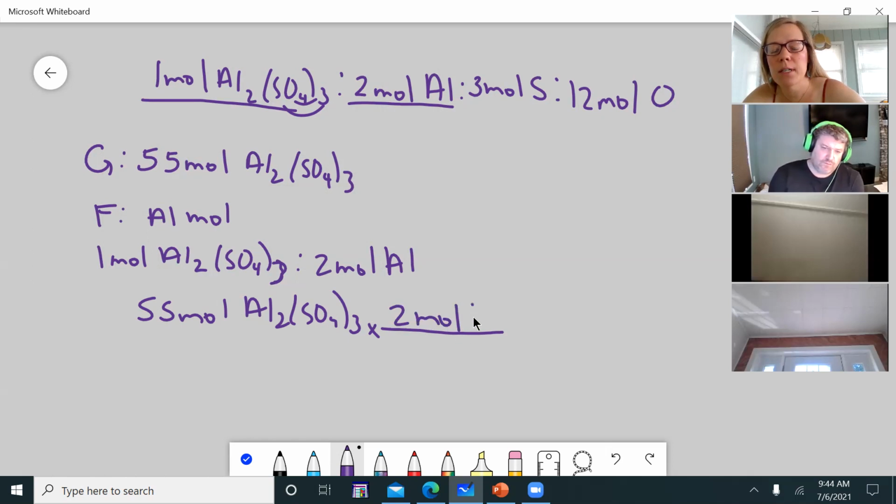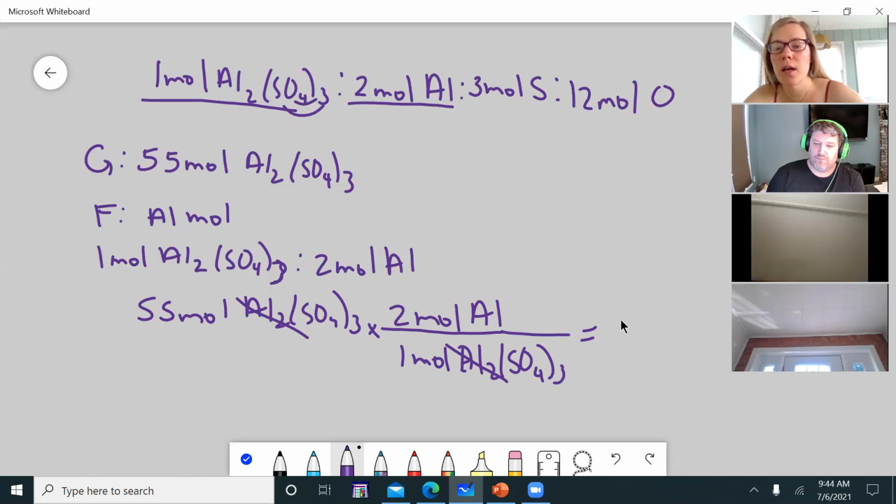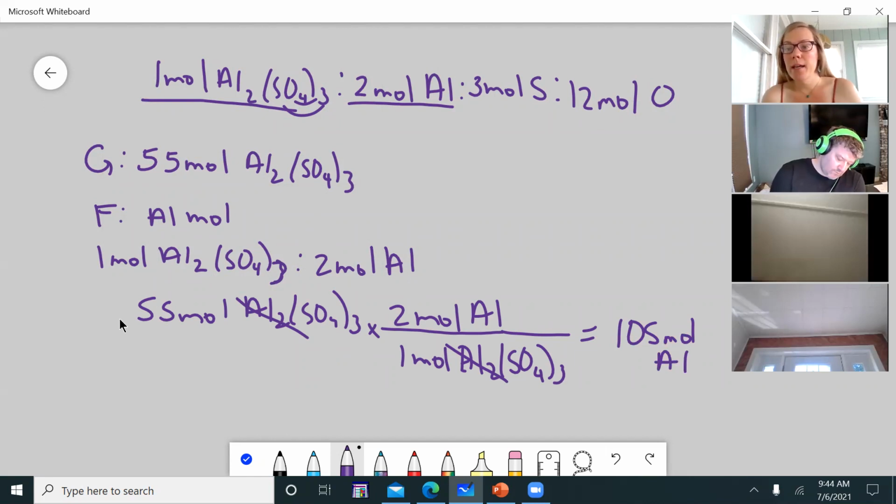So 2 moles of aluminum go on top for every 1 mole of Al2(SO4)3. So it's a 1-to-2 ratio, right? 2 aluminums for every 1 compound. So the compound will cancel, and we take 55 and multiply it by 2 for a total of 105 moles of aluminum. So in 55 moles of aluminum sulfate, we have 105 moles of aluminum.